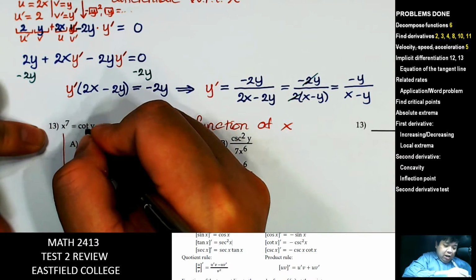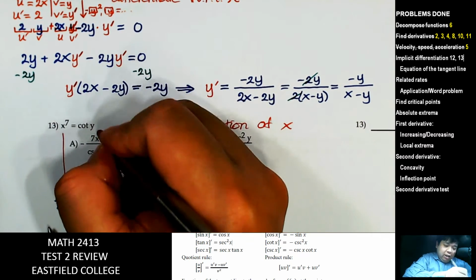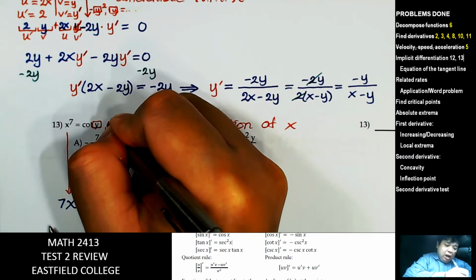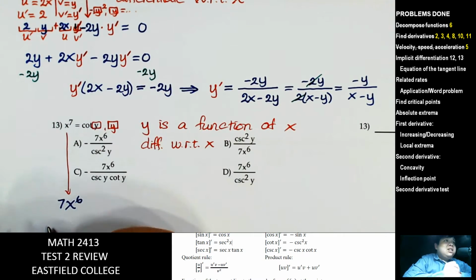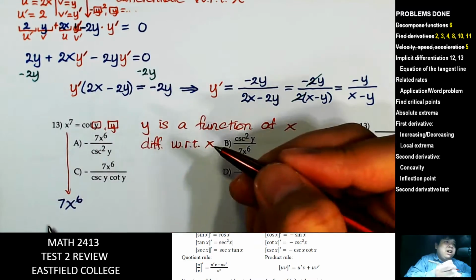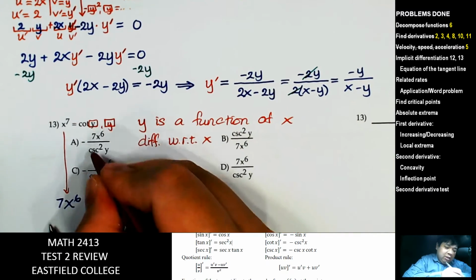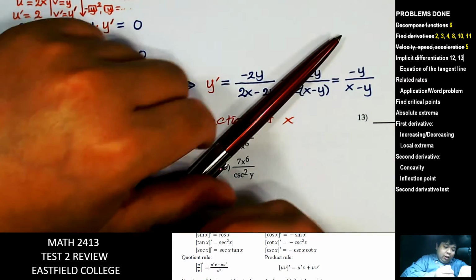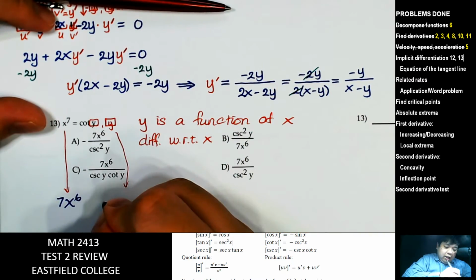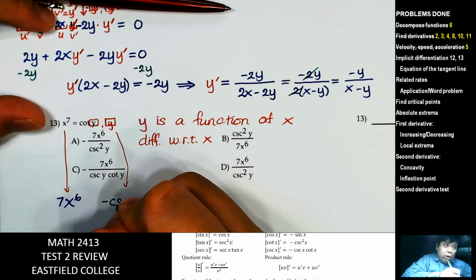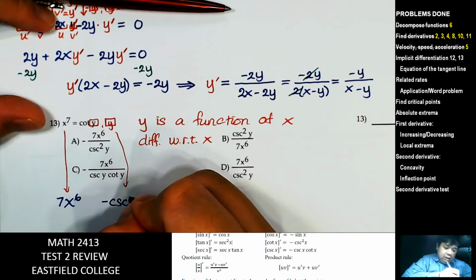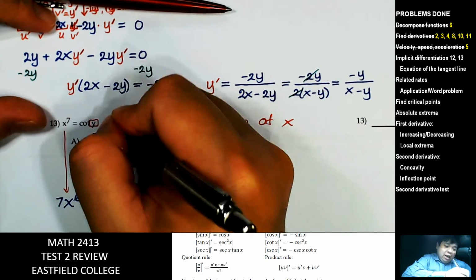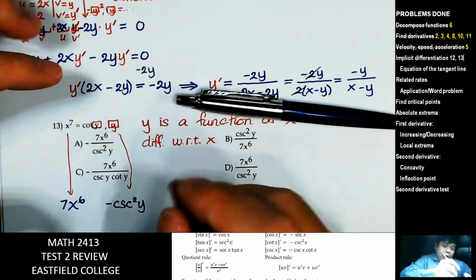Now cotangent y, because y is a function of x, we have to write it like that. The derivative of cotangent is negative cosecant squared of y, and then the derivative of y will be y prime.